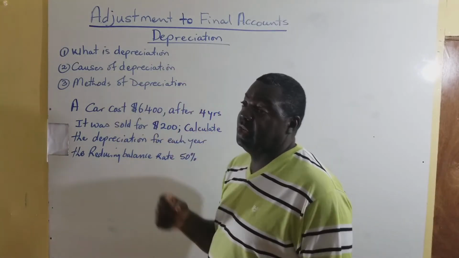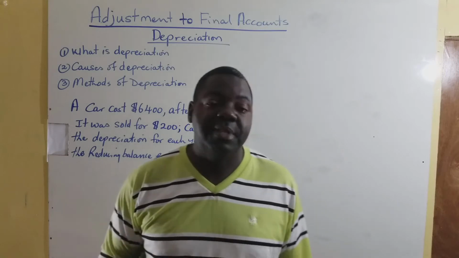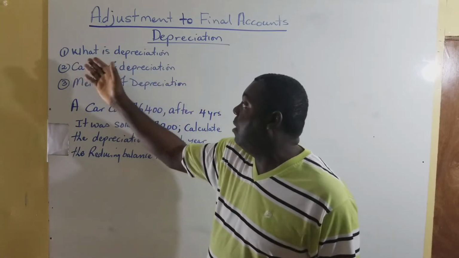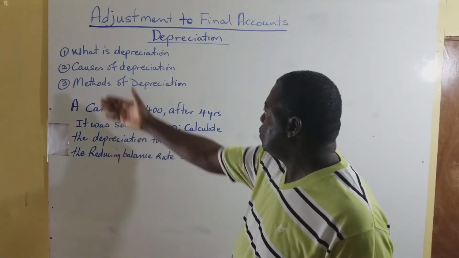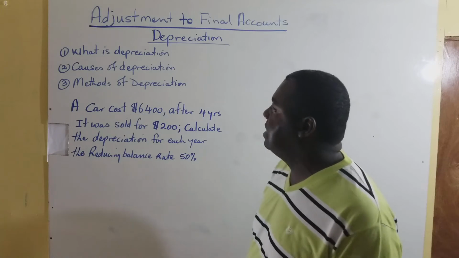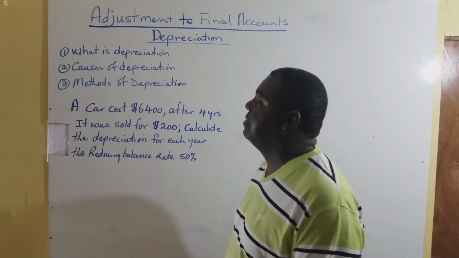So depreciation comes in to be very important. The first thing we want to do, as per usual, is look at our objectives here: What is depreciation? What are the causes of depreciation and the methods of depreciation?